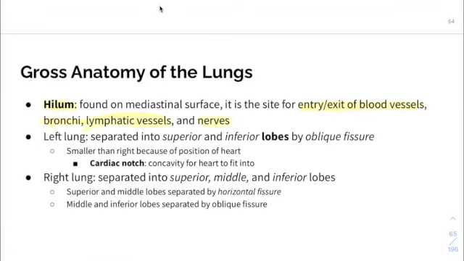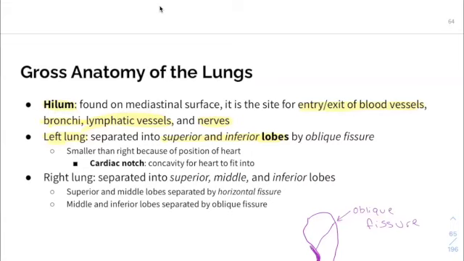As we looked at, the left lung specifically has a superior and inferior lobe. I kind of really badly draw it out here. So that superior and that inferior are separated by this oblique fissure. We have a cardiac notch, that is where our heart fits.